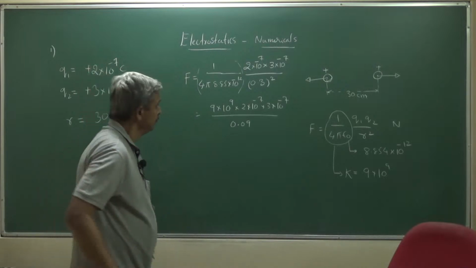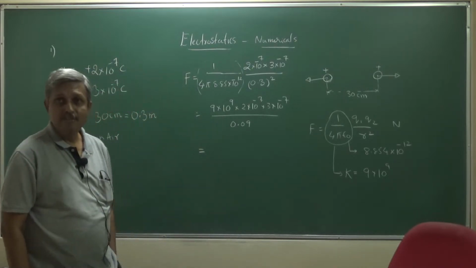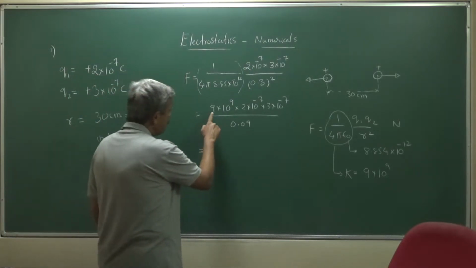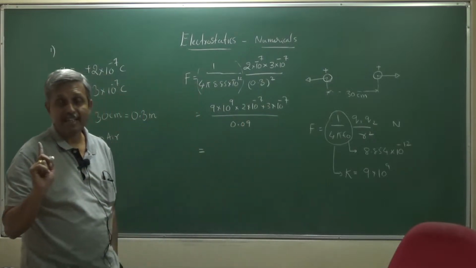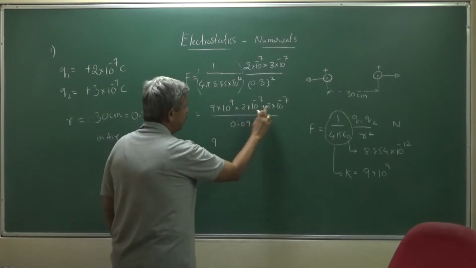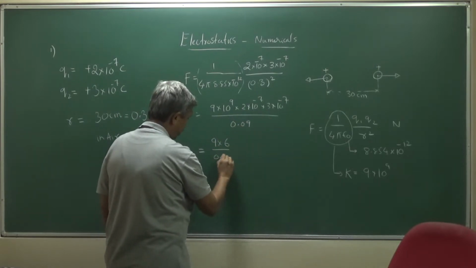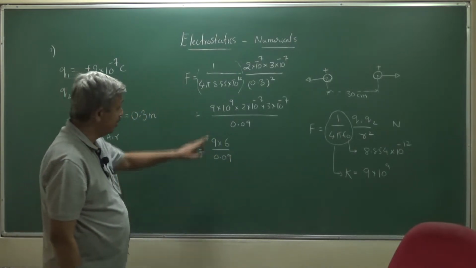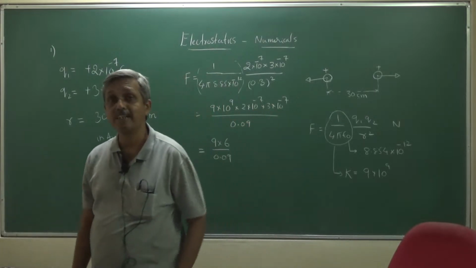So now how do we simplify this? Wherever there is no 10 power, I am going to take those and write them. 9 I will write as it is. 3 into 2 I will write 6. 0.09 I will write below as it is. Now I am going to write 10 power 9, 10 power minus 7, 10 power minus 7, and multiply all of them.